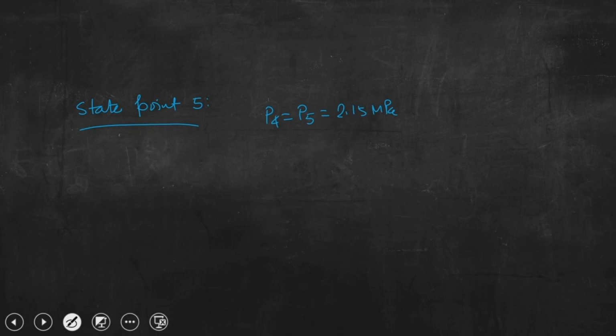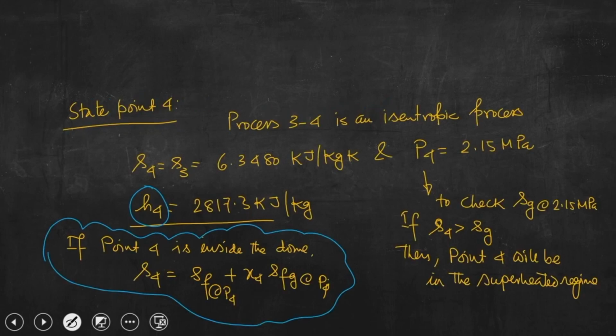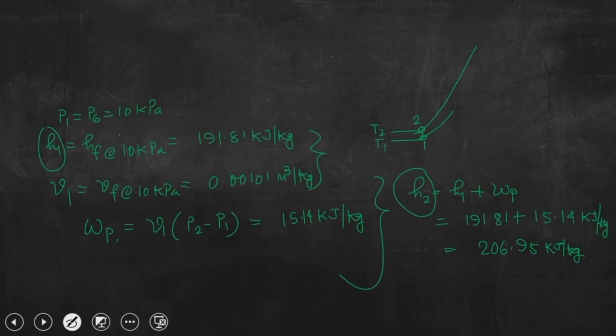Now, what I was talking about a few minutes back is that only one property is not good enough to give you other properties from the steam table, until and unless you know at least one other property.